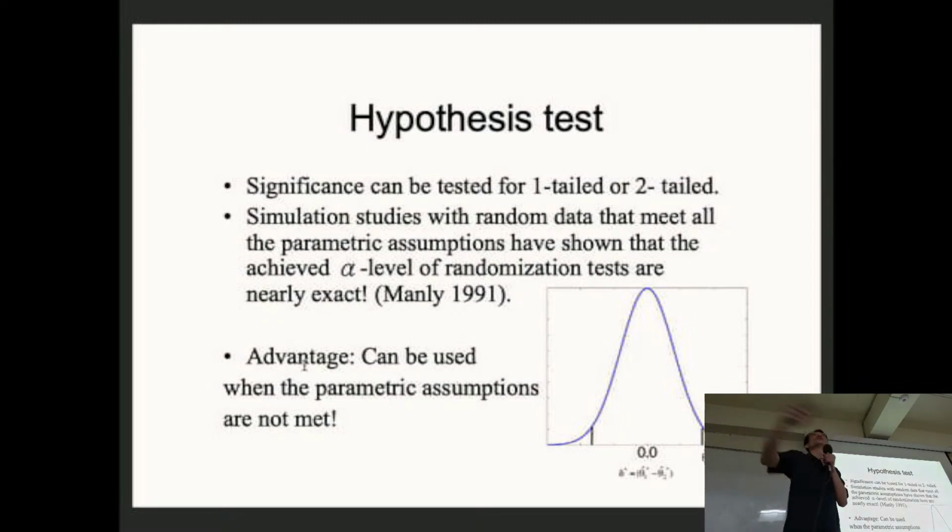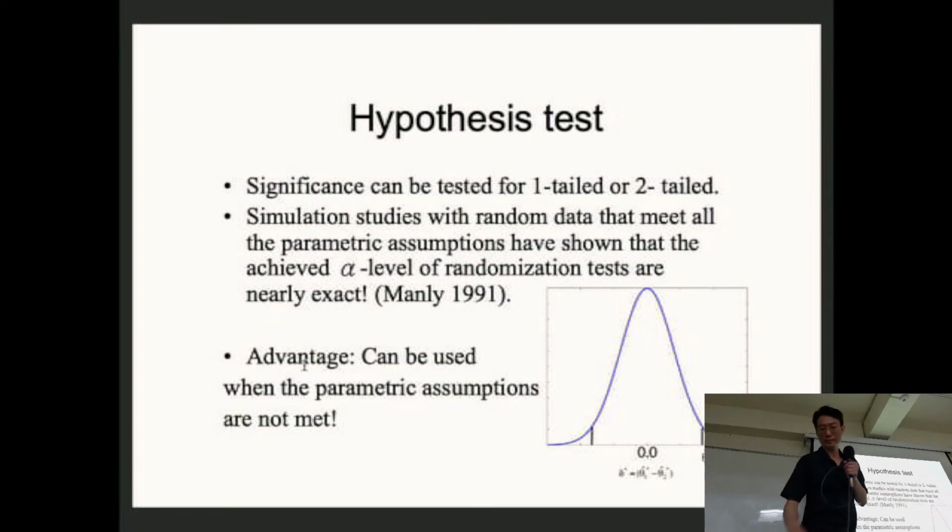Because you randomly assign membership, you randomly shuffle the two data sets, you expect the mean value of your delta to be very close to 0, but not exactly. So that's trivial, right?